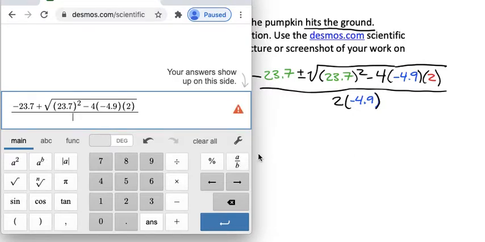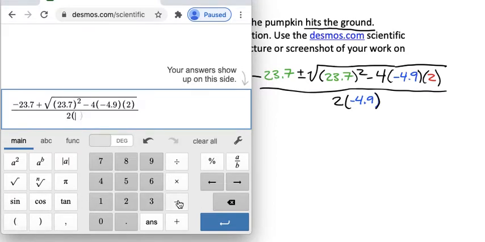Another way you can do it is to hit the a over b first at the beginning before you type anything, then you can just type what's in the top and bottom. But I usually don't remember to do that, so I will highlight everything and then hit this button, and it will put it all in the numerator of the fraction. In my denominator here, I have 2 times negative 4.9.